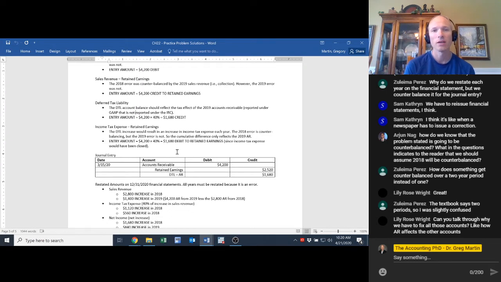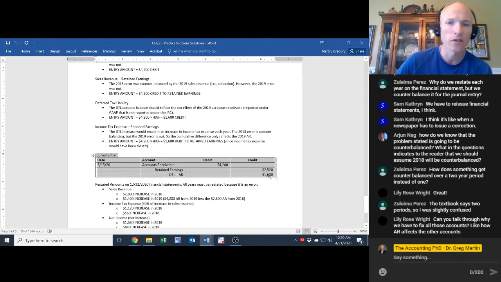But in this particular case, at the end of the day, when you get to the journal entry, the accounts receivable gives you the full effect, the retained earnings gives you the after-tax effect, and the deferred tax liability gives you the tax effect from the error. The reason there is a deferred tax liability is because there is a temporary difference between the Internal Revenue Code and U.S. GAAP. Hopefully that makes sense.